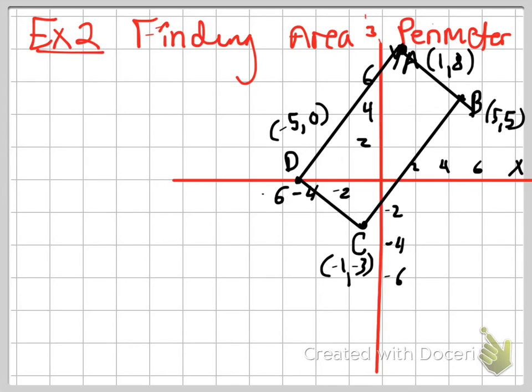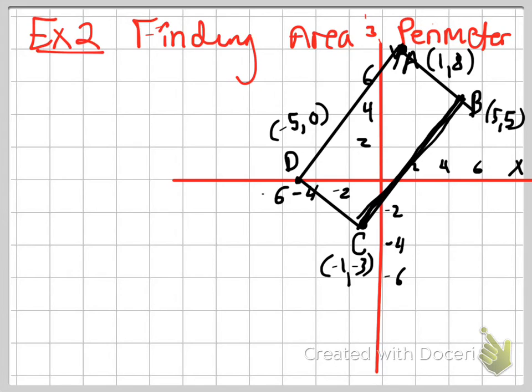If a problem were to ask you to find the area and perimeter of ABCD, well, in order to find the perimeter of any rectangle, you need to know all 4 side lengths. We don't know the length of each of these sides because we're not given side lengths, and it's on a diagonal on our grid.